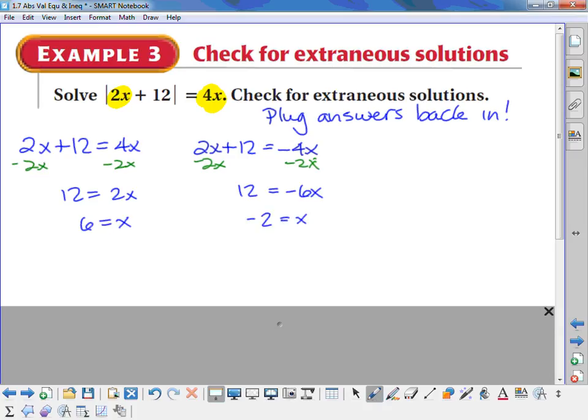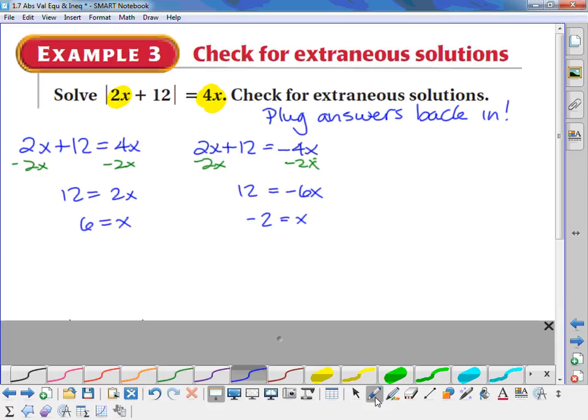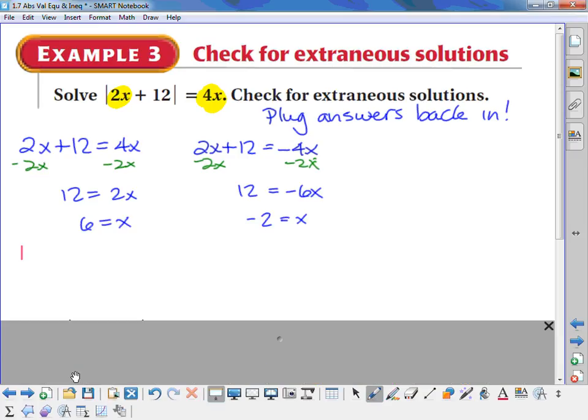So when I go back and I plug them back in to the original equation, I need to make sure I do it with the absolute value. So I've got 2 times 6 plus 12. The absolute value of that equals 4 times 6. So I get the absolute value of 12 plus 12 equals 24.